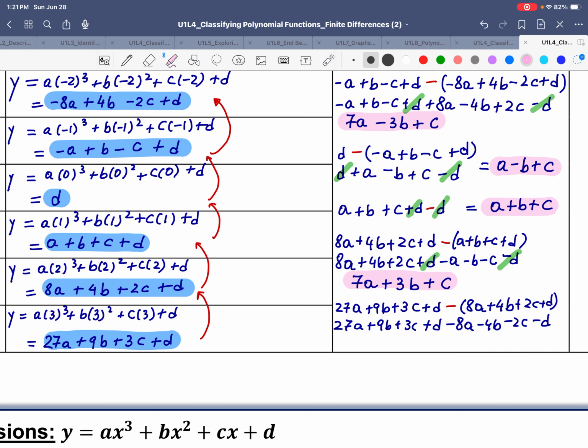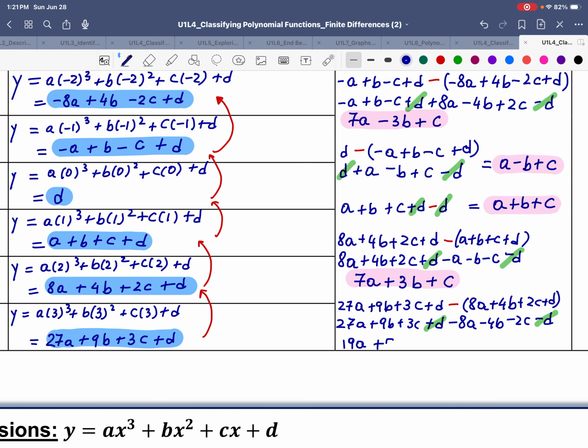As you can see again, we have d minus d equal to 0. And now we'll simplify the rest of the terms. We have 27a minus 8a, or plus negative 8a, same thing, will be 19a. 9b minus 4b is 5b, and 3c minus 2c will be just c. So this is going to be the difference between the last two y values.